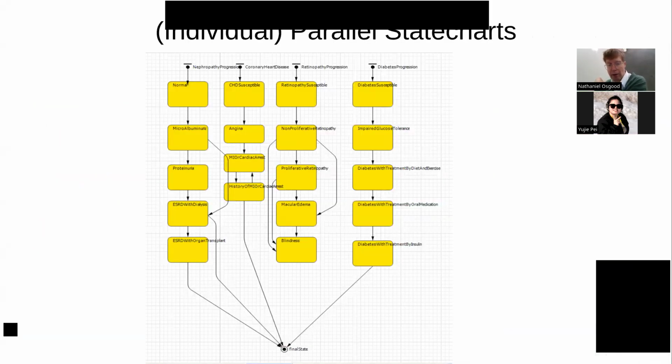But there's a notion of parallel characterization. And I want to talk about the mathematics of this, so we really understand what we're talking about. But first, I just want to remind us that a person will be in, by default, a single basic state for each of these state charts.